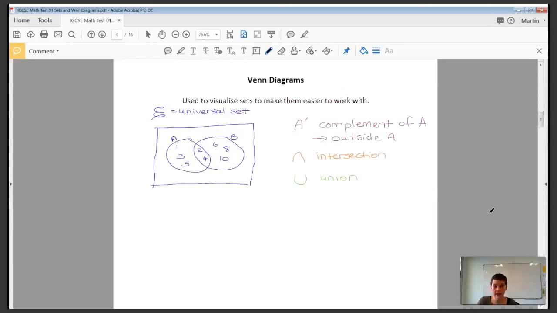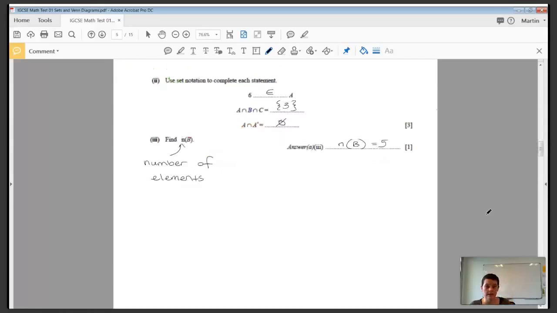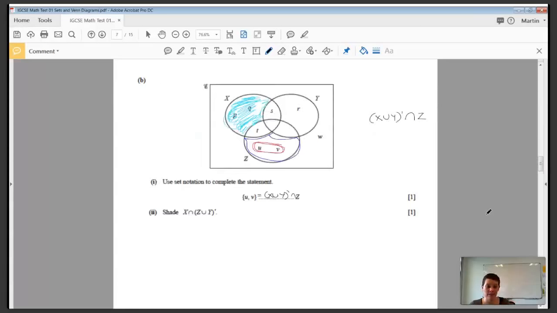We then went into Venn diagrams and we said they're just pictures, they're not horror movies. Venn diagrams are just a way of visualizing a set so that it makes it easier to work with, especially when we've got 2 or 3 sets. It's so much easier if we have a Venn diagram to see who goes where. And then we looked through the questions: putting numbers into a set and then getting answers to questions from our Venn diagram. We looked at their Venn diagram so that we could build our own statements out of it.